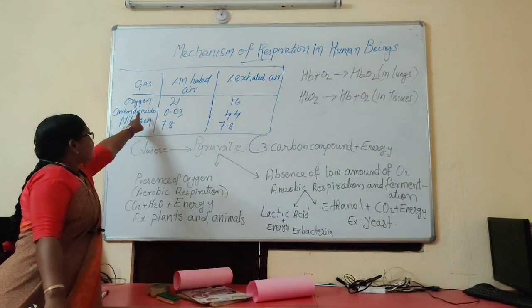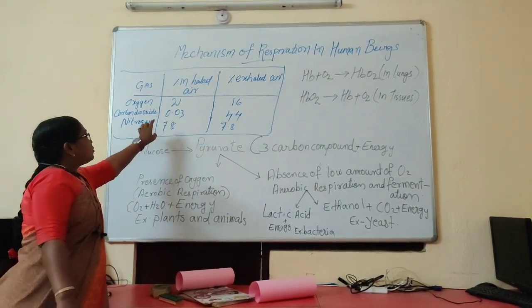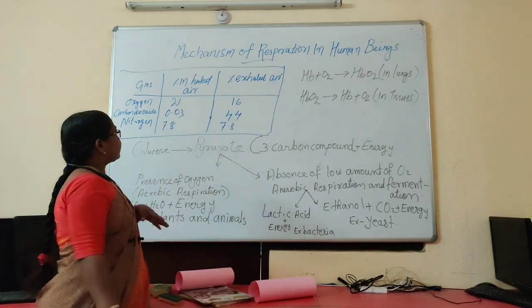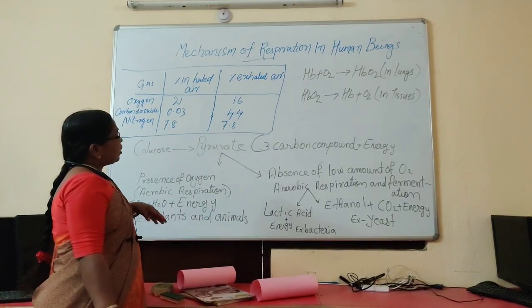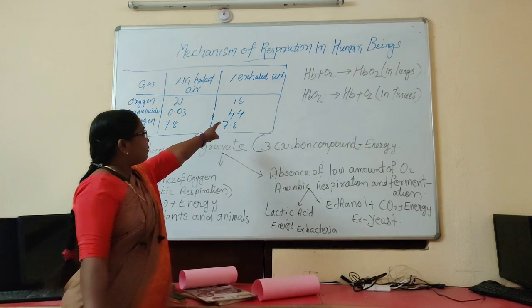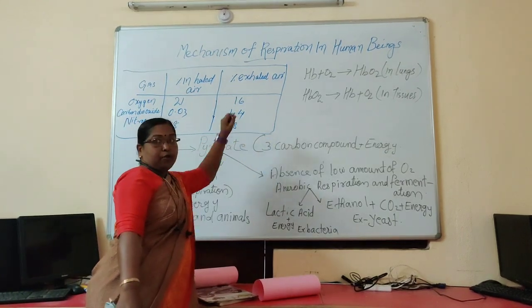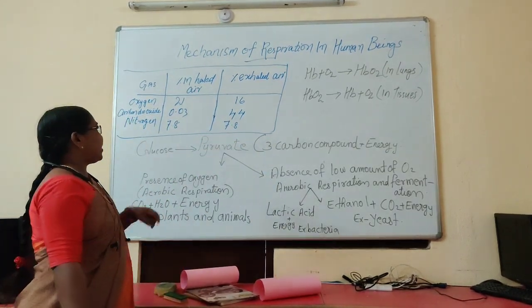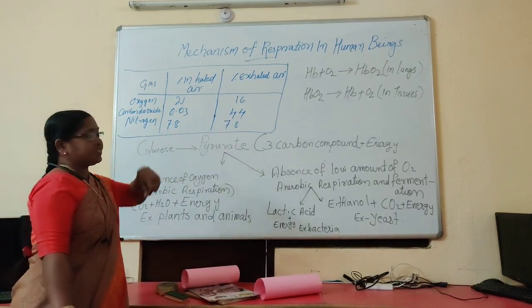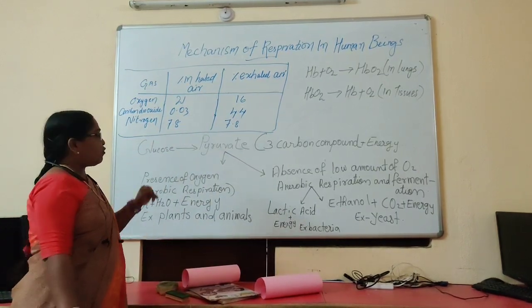And next, carbon dioxide. It is 0.03% in the inhaled air, but when it is exhaled, we see 4.4%. Here the percentage is increasing. Do we know the reason?